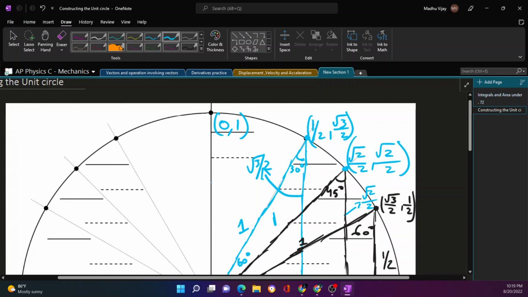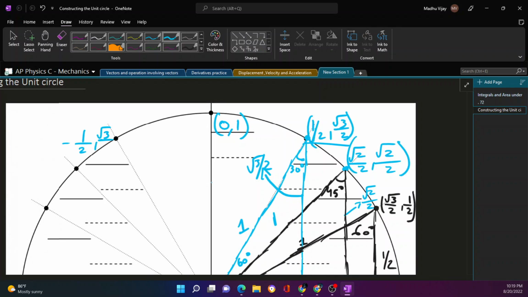Now, to construct the rest of the circle, we pretty much just mirror these values. So this is going to be negative 1/2 comma square root of 3 over 2. And then this value is going to be negative square root of 2 over 2 comma square root of 2 over 2.